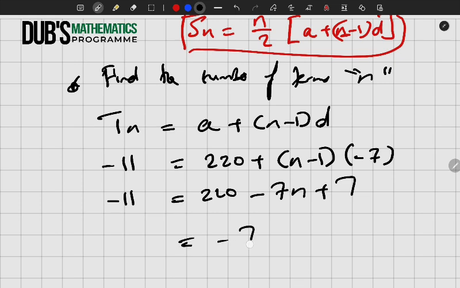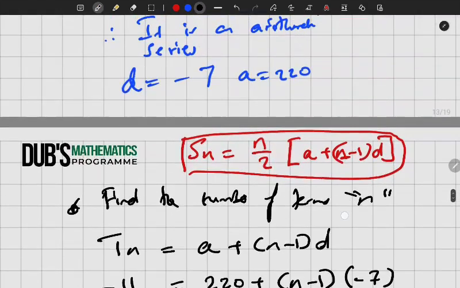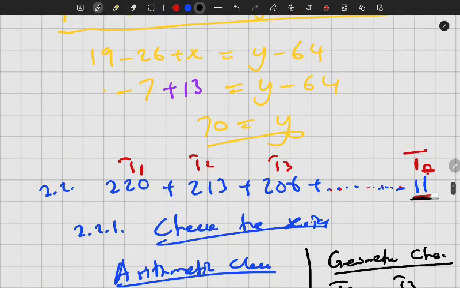We now move all the numbers to the left hand side, so we have a minus 11. Transpose the 220 becomes a minus 220. Transpose the 7 becomes a minus 7. So we get minus 238 here. To solve for n, divide both sides by minus 7, and we're getting n to be 34. So there are 34 terms, so this is T34.